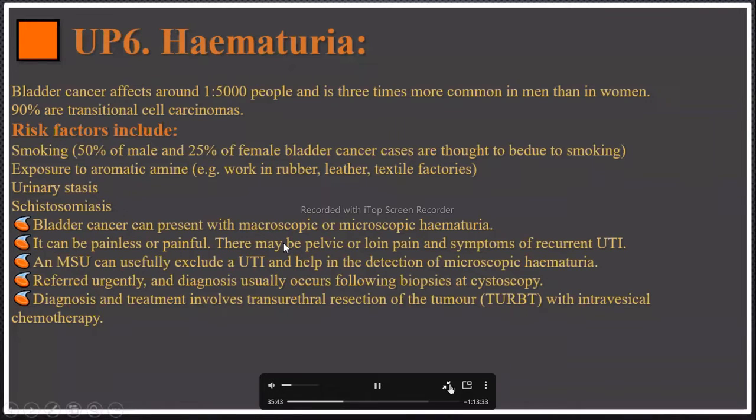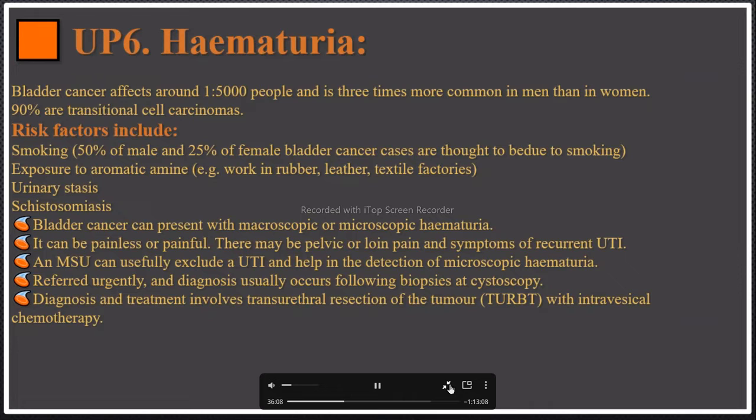Painless. So the patient has painless frank hematuria and he's concerned to go home, just to give me medicine and to go home. You will discharge? No. The patient has painless hematuria and old age, so it's cancer until proven otherwise.